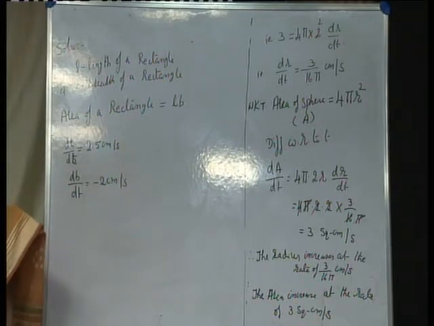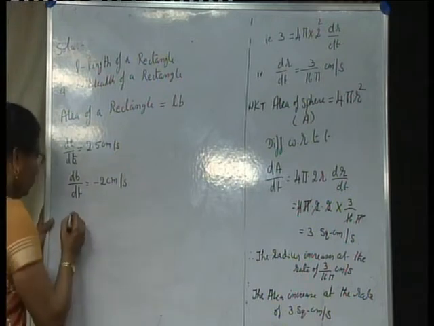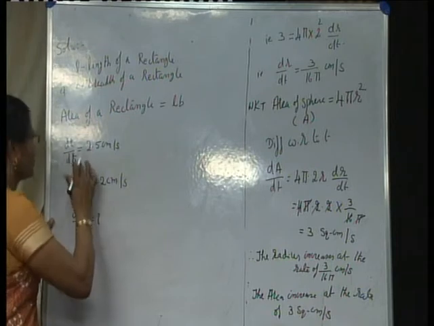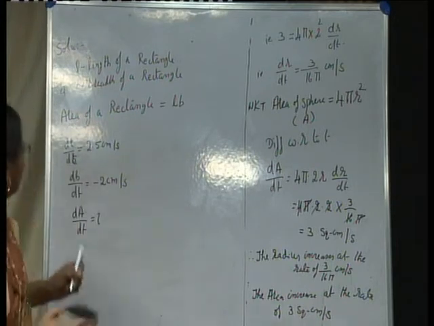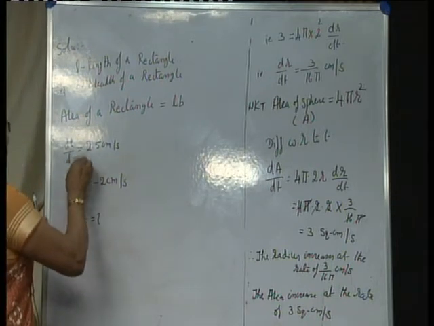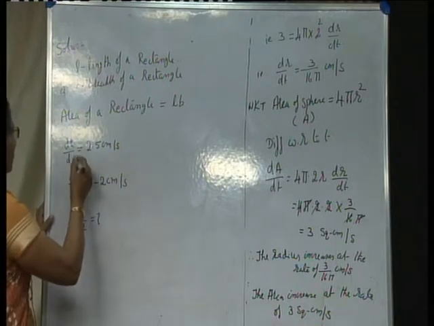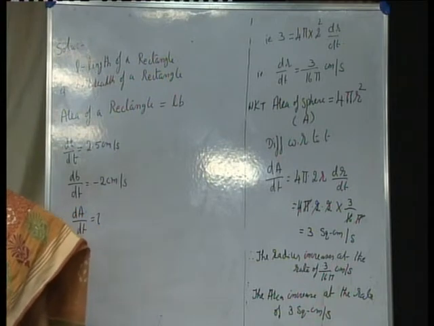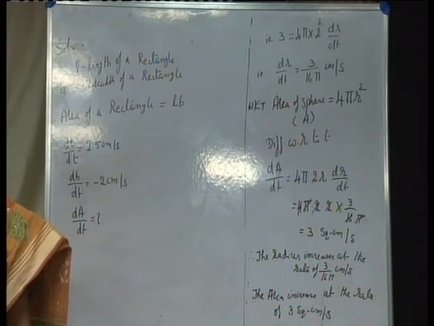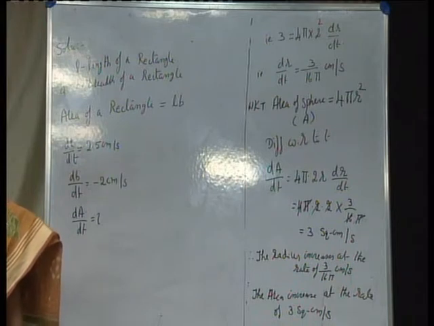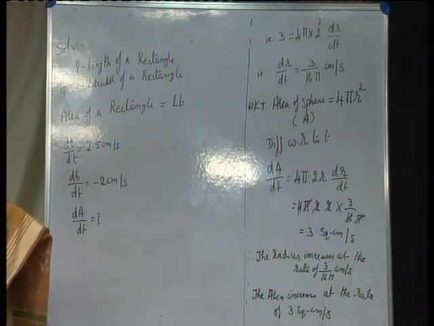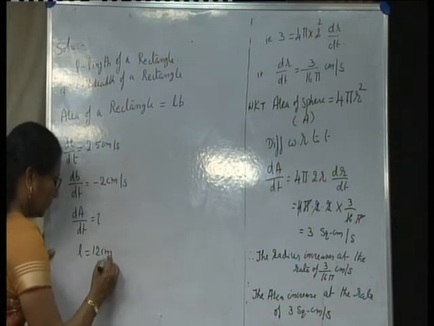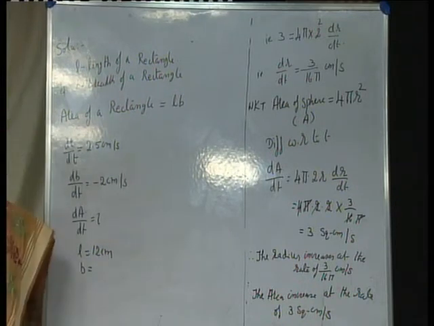Find the rate at which the area of the rectangle changes, so we have to find dA by dt, whether the area is increasing or decreasing, when the length is 12 centimeter and the breadth is 8 centimeter.